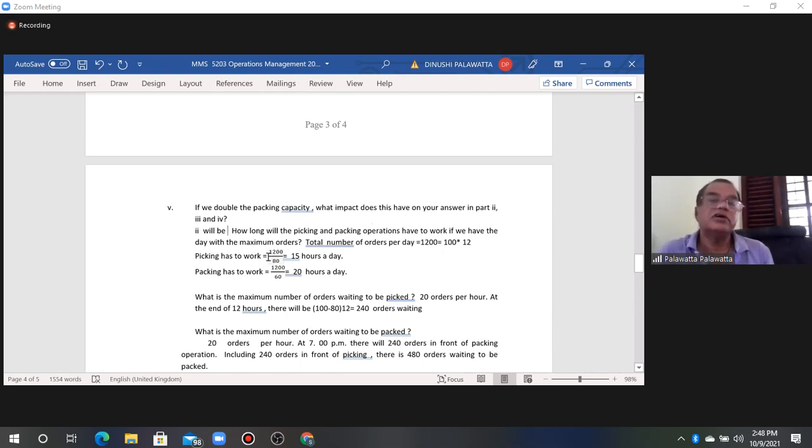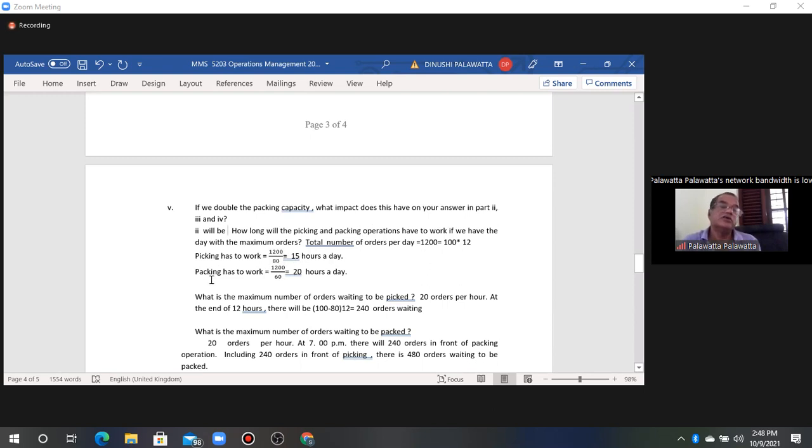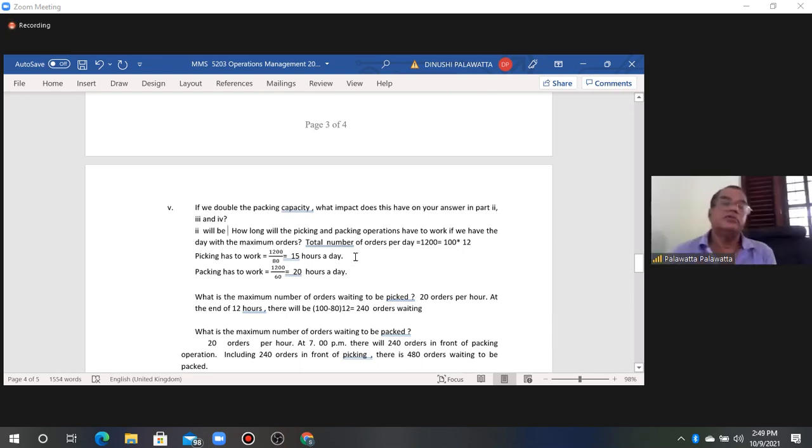Picking has to work 15 hours anyway because it's not changed. Packing is now faster. Packing works at 120 customers per hour, which is the packing capacity when you double.